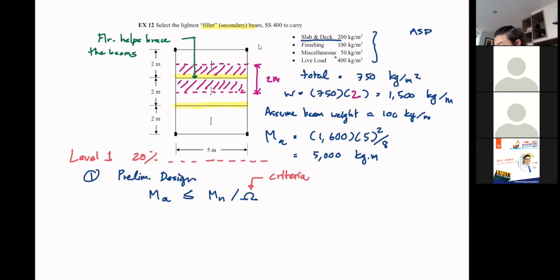Okay. You know that you are going to use ASD, so you use your factor of safety. And now this is going to be equal to moment divided by 5/3, that's when you flip it, it becomes 3/5, so it's 0.6 Fy, and then multiplied by plastic section modulus.